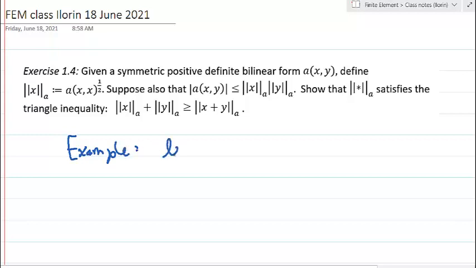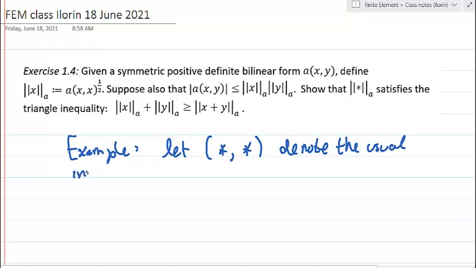we'll let this parenthesis with two arguments denote the usual inner product, and let's say the usual inner product on R^n. This would be n-dimensional space.